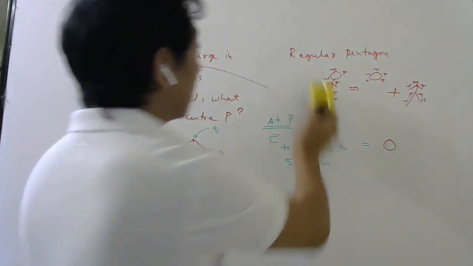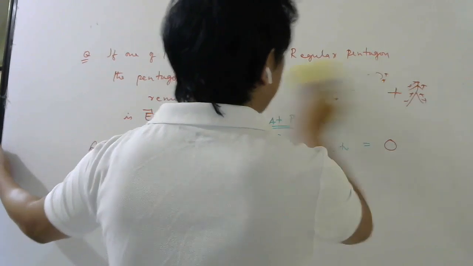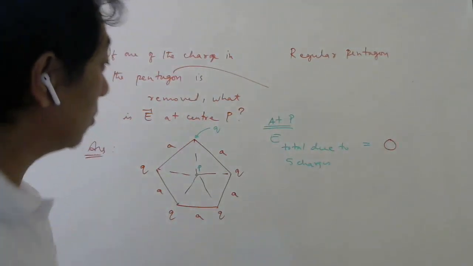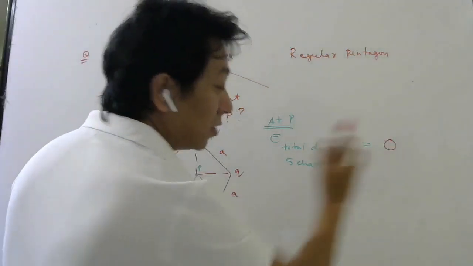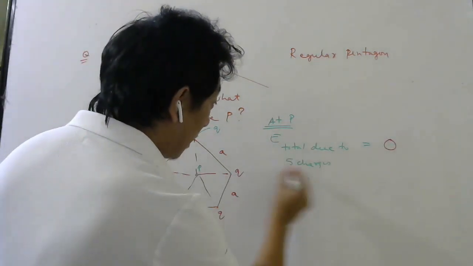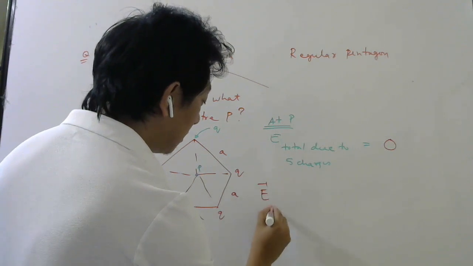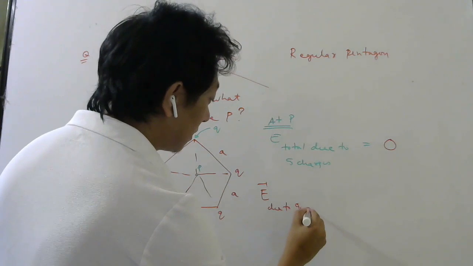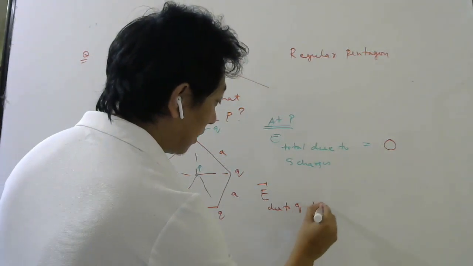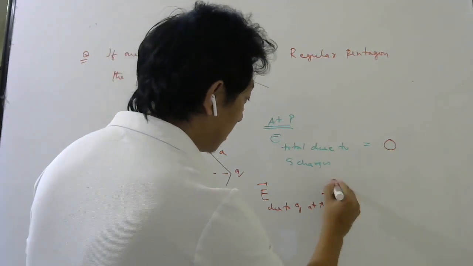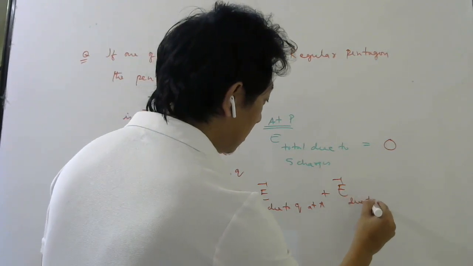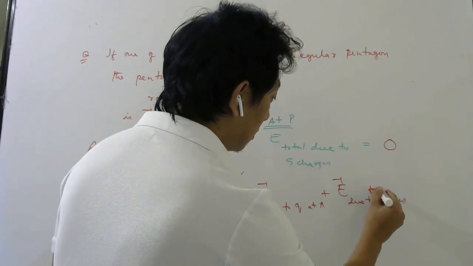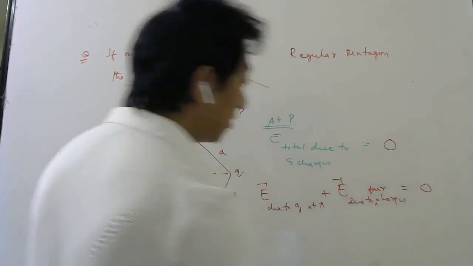So knowing this, I can write the electric field due to the five charges, whose answer I already know, 0. This I can write as the electric field due to the charge at A plus the electric field due to the four charges. Yes or no?